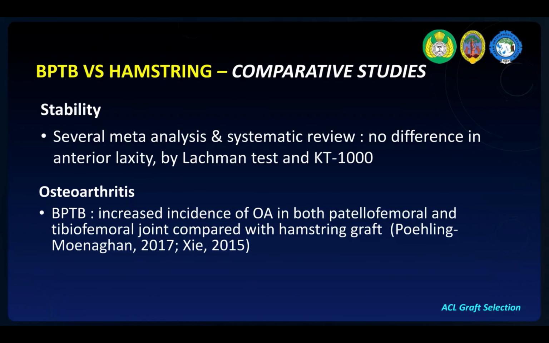If we compare the stability between the BPTB and hamstring graft, several meta-analyses and systematic reviews show no difference in anterior laxity by Lachman test and KT-1000 in both grafts.